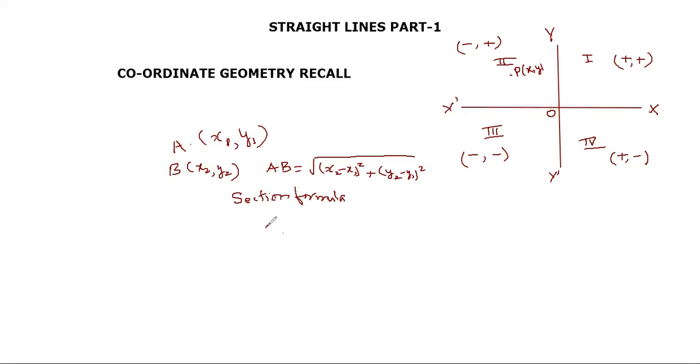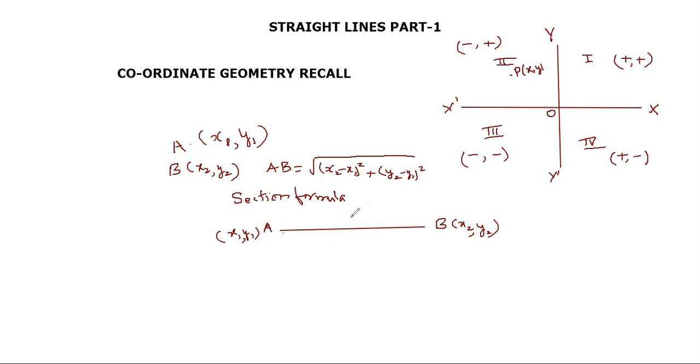Suppose these are the 2 points: A, whose coordinates are x1, y1, and it is joined with another point B, whose coordinates are x2, y2, and a point P inside it.